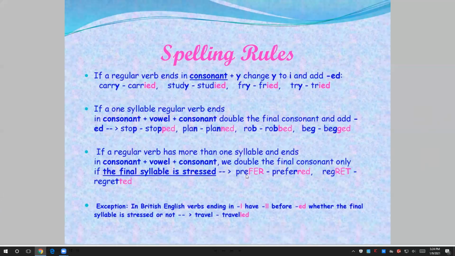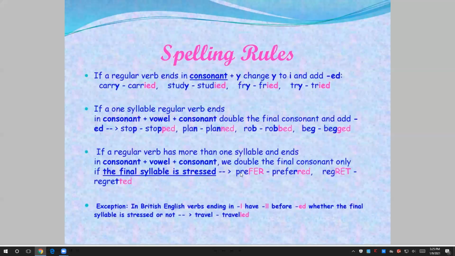Now see here, the verb prefer has two syllables, pre and fer. Where do we have the stress? We can put the stress on the first syllable or the second syllable. If the stress is on the first syllable, we pronounce it like PREfer. If the stress is on the second syllable, we pronounce it like preFER.